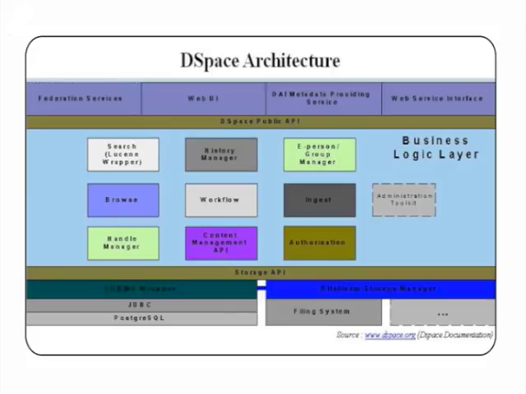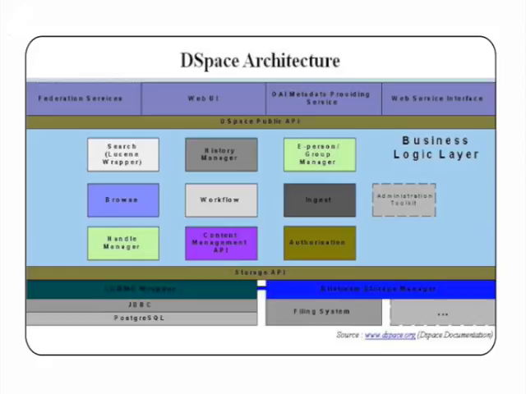DSpace Public API takes care of user interfacing and services. It contains components for web user interfacing, federation services, metadata providing services as defined by the Open Archives Initiative Protocol, interfaces for web services like SWORD, which is Simple Web service Offering Repository Deposit, etc.